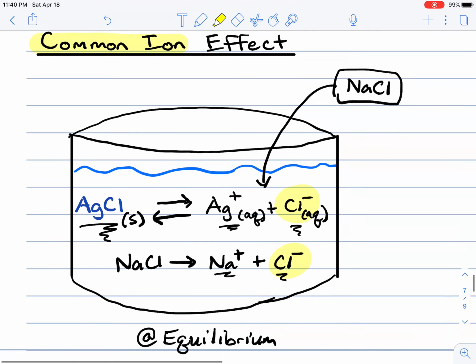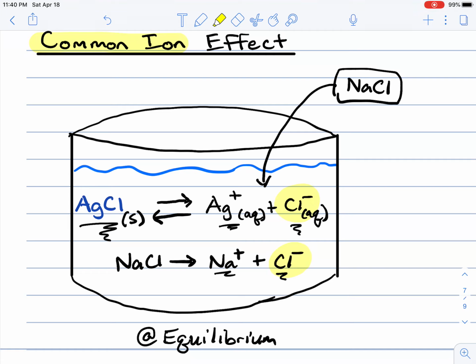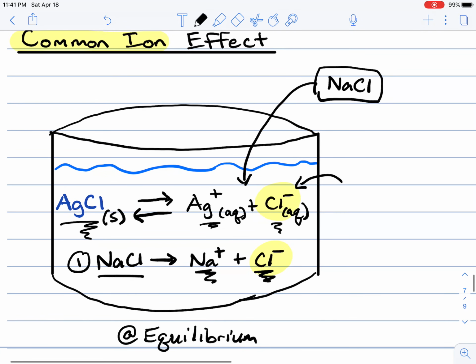And if you guys are just focusing on the equation down at the bottom, the separation of sodium chloride's crystal to sodium ion and chloride ion will increase the concentration of the chloride ions overall in the solution. So the addition of sodium chloride will increase the concentration of the chloride ions.